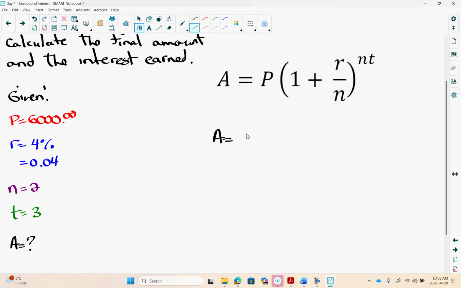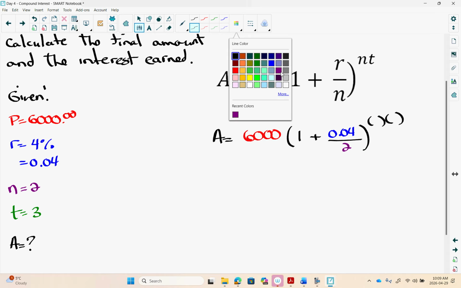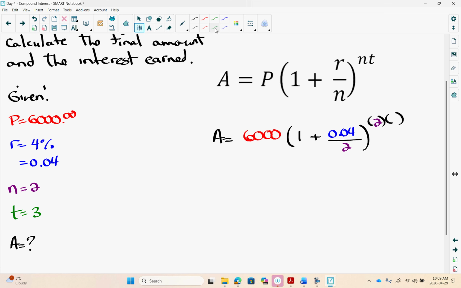It's 6,000 times 1 plus 0.04 divided by 2. Close the bracket and then raise that all to the power of 2 times what? 3.